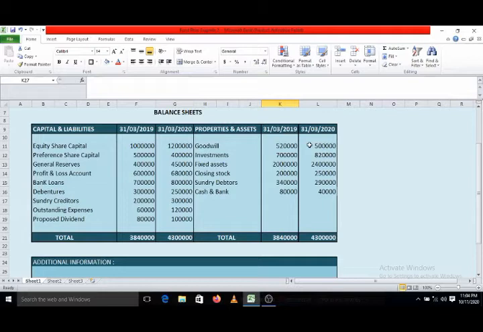Means every year part amount of goodwill we write off. Write off means from the asset side we deduct that much amount and transfer it to the profit and loss. Just like depreciation. It is not depreciation, but the actual treatment is like depreciation.